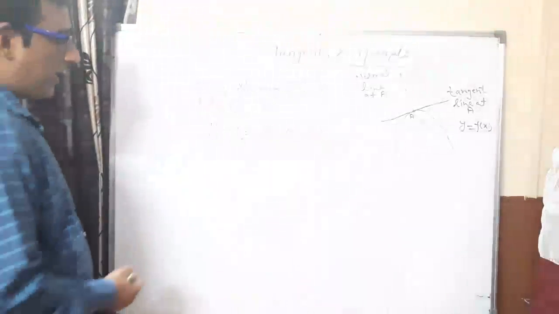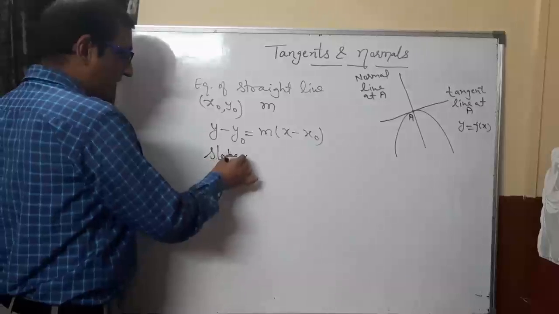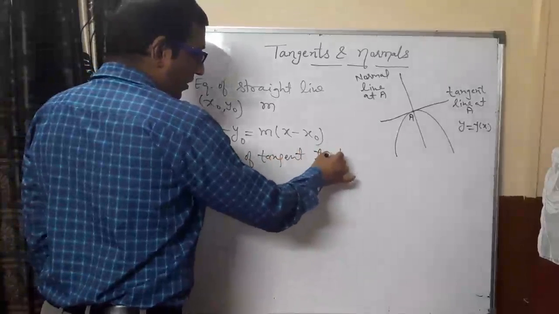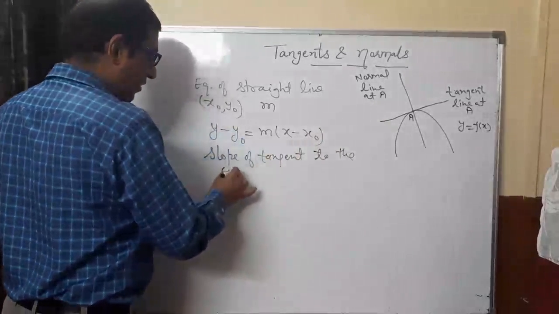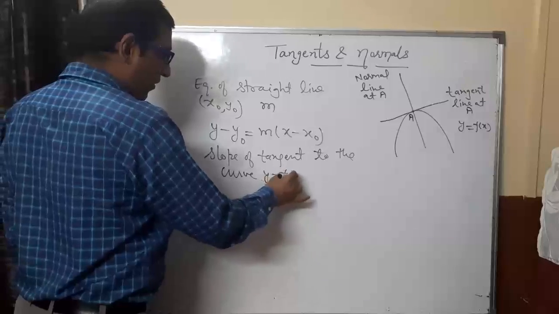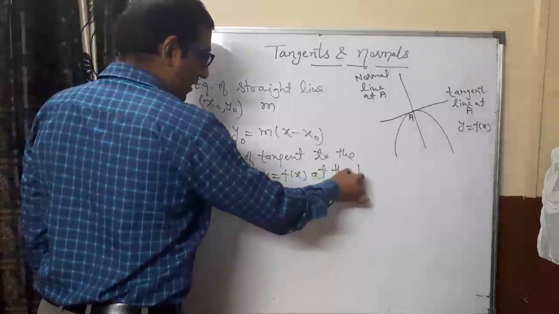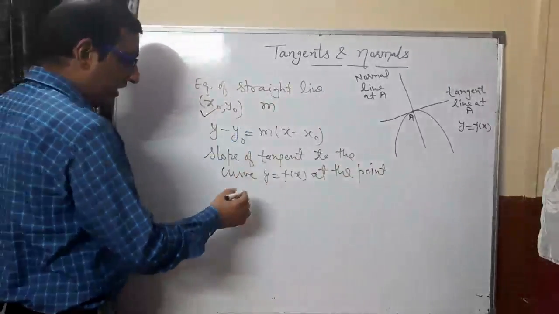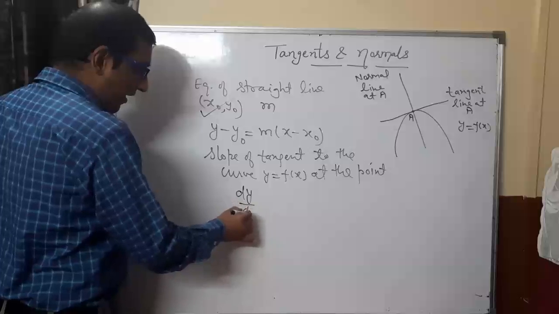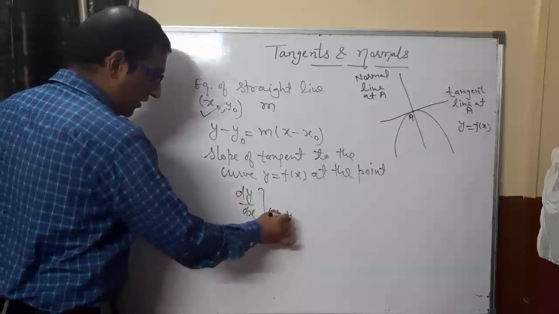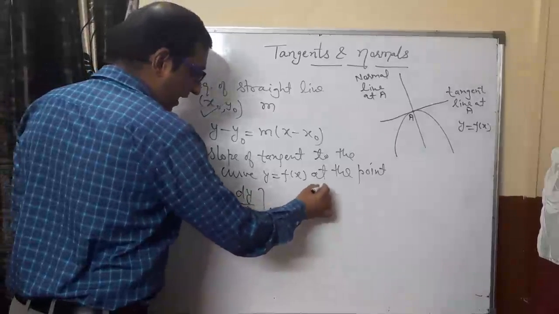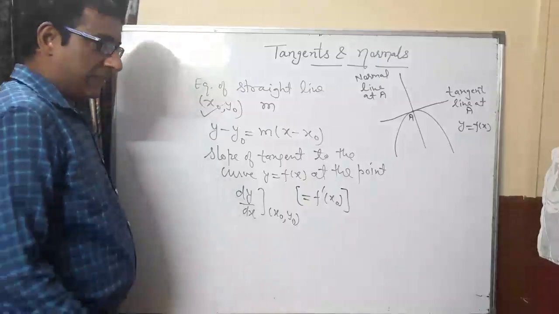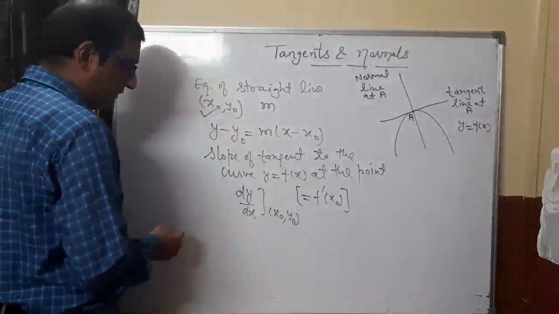In that case, we can say the slope of the tangent to the curve y equals f(x) at the point (x0, y0) is given by dy by dx at (x0, y0), and it can also be denoted as f dash x0. So this is the slope of the tangent. So how can we denote the equation of the tangent?